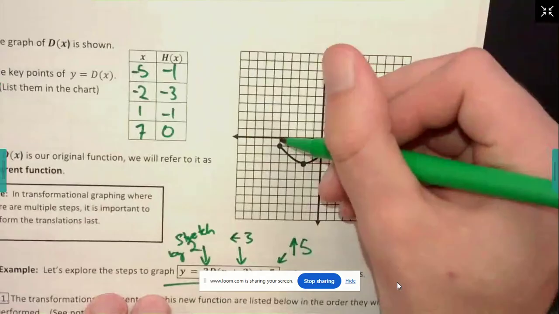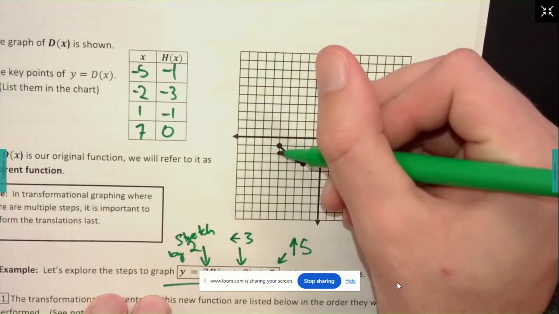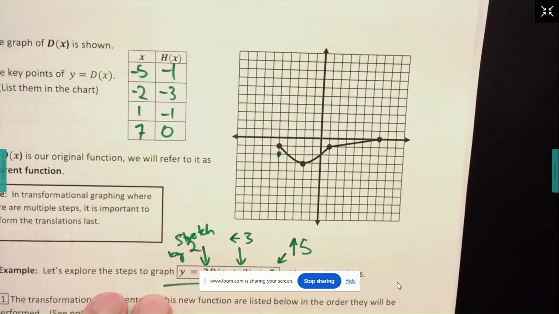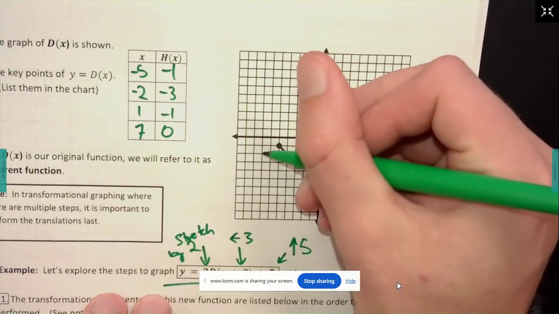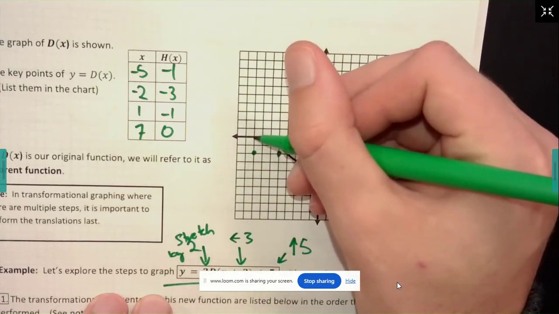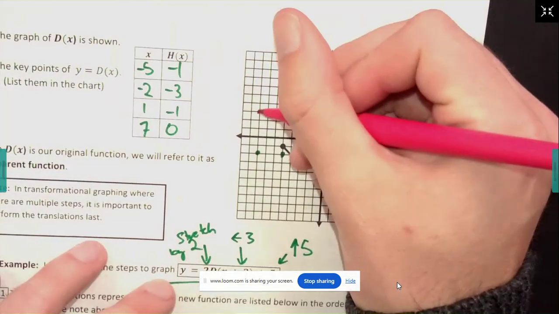So it starts here with a y value of negative 1. That becomes a y value of negative 2, right? I just multiplied it by 2. Then I'm moving it left 3. So 1, 2, 3, we end up there. And then go up 1, 2, 3, 4, 5. Our final is going to be right there.